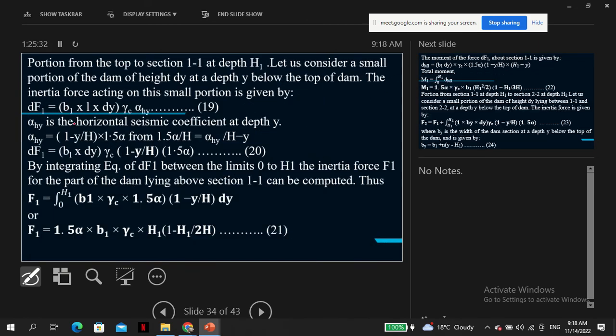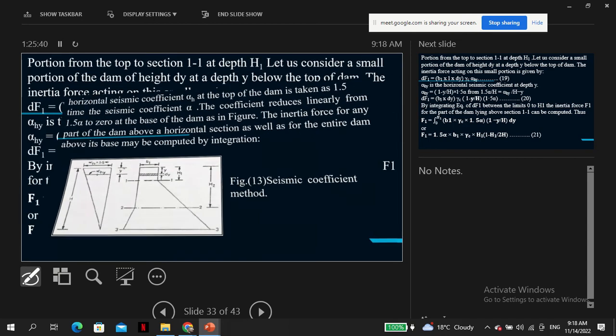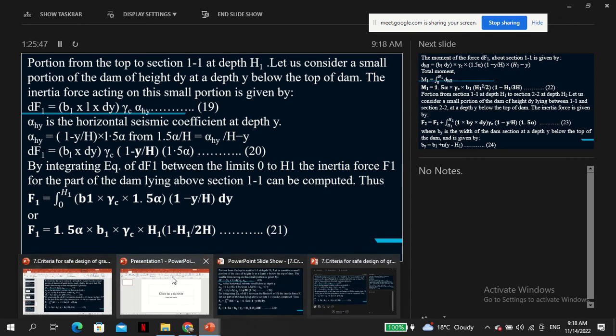So b1, and we are assuming a unit, so times 1 because of the direction perpendicular to your eyes.